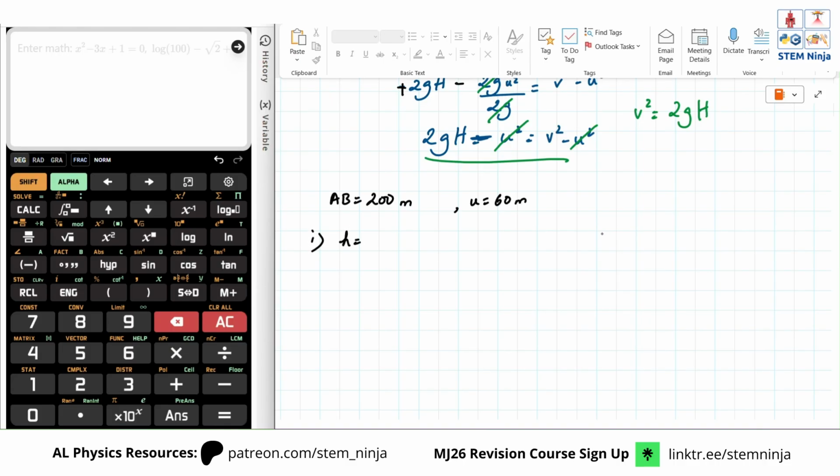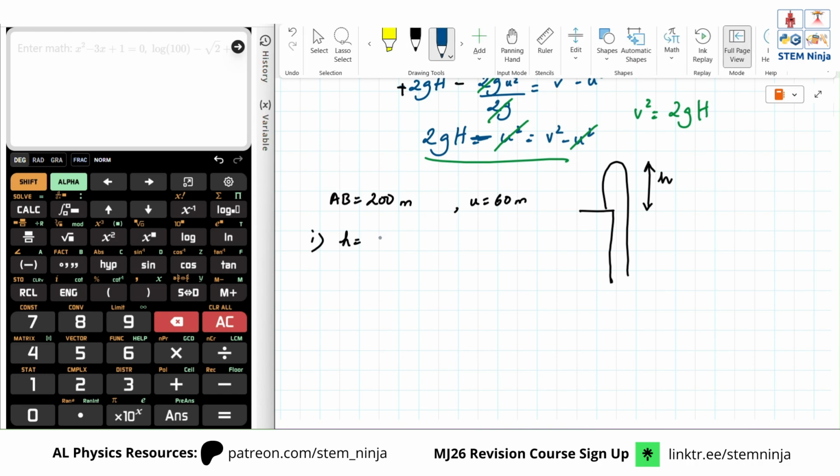So H, which is basically this height, small h. We can find this using 2as equals v squared minus u squared. U is 60 meters per second upward. V at this part is 0. So 0 minus 60 squared, and 2 times minus 9.81 times small h.